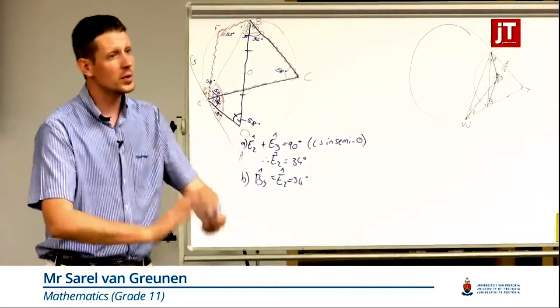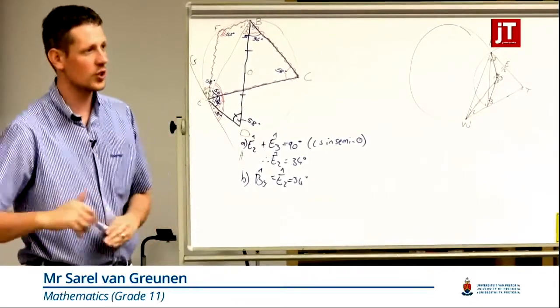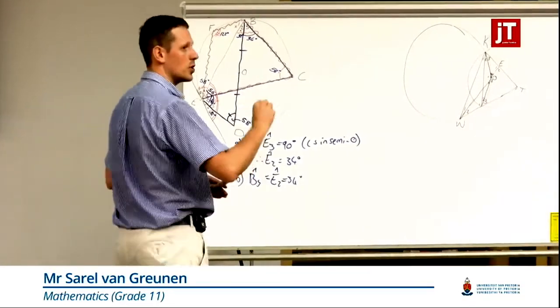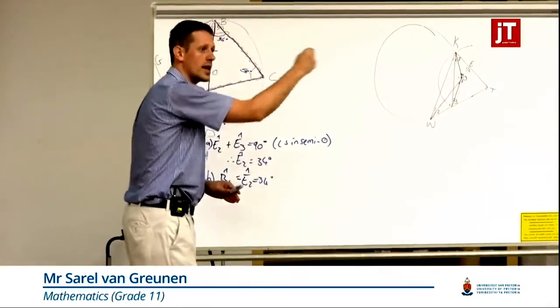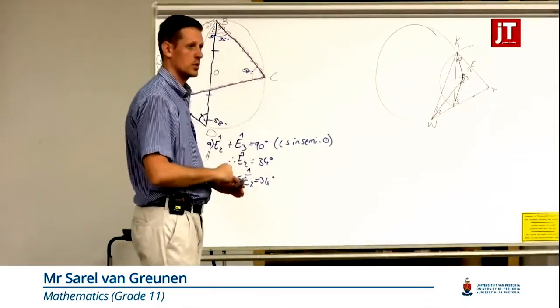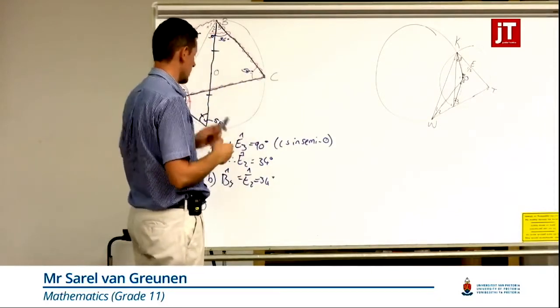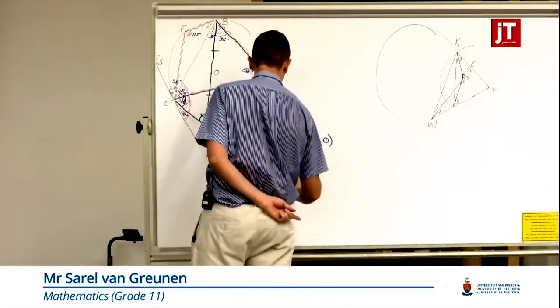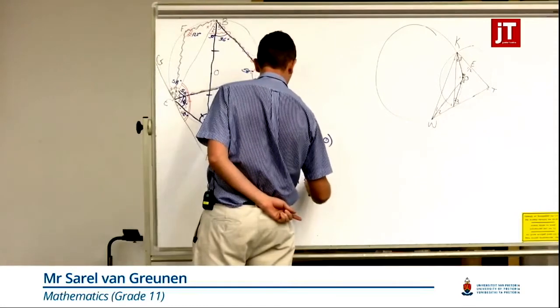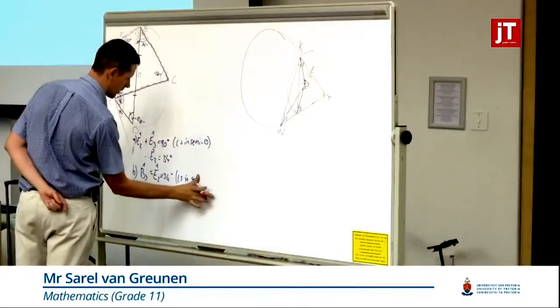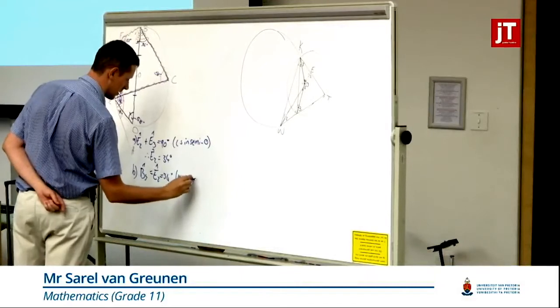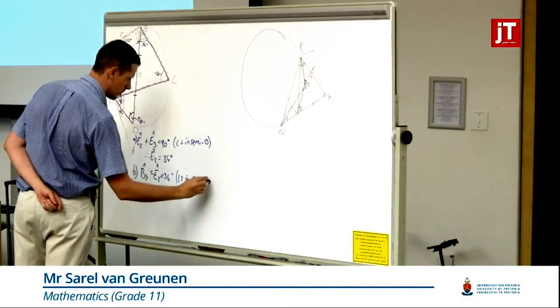No, B3 is E2, which is 34. Because then the examiner knows what I made it equal to. Not just a value, an angle. And this is angles in same segment.